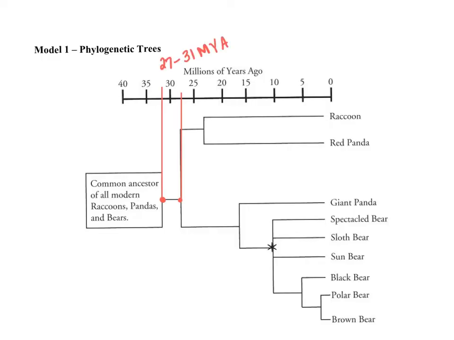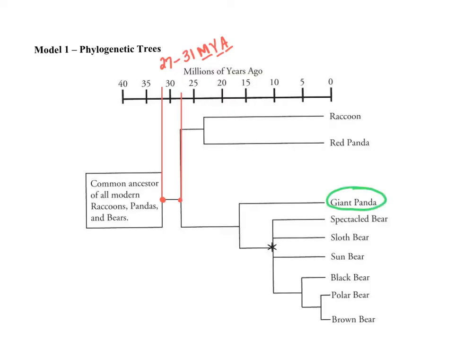This range would include anywhere between 27 to 31 million years ago. The next question asks, according to Model 1, when did the giant panda line diverge from the line that led to modern bears?